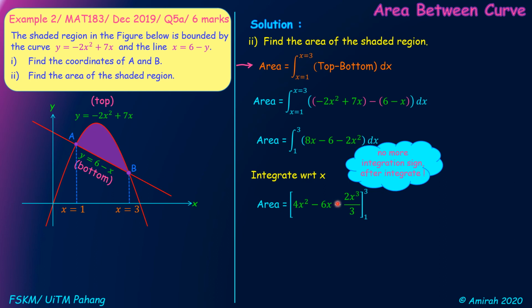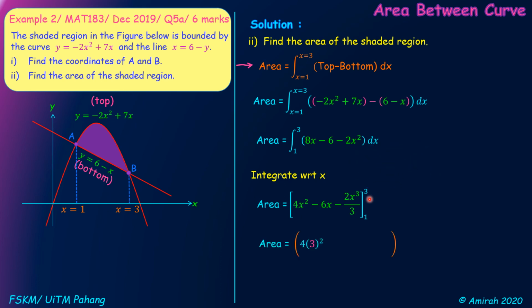Then minus 2 times the integral of x squared using the power rule, so we get x cubed over 3. Since this is a definite integral, there is no plus c, but we put square brackets with the lower limit and upper limit.